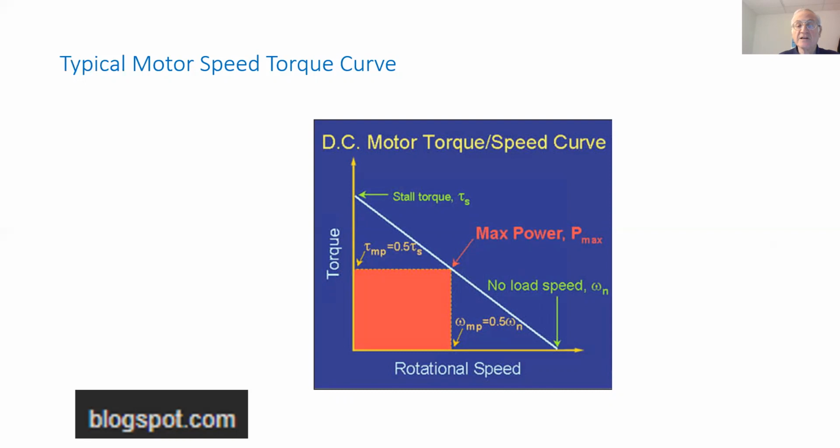And then as speed is increasing, there's more back EMF voltage, which counteracts the applied voltage. And therefore, the current is being lowered through the coils, and the torque decreases. So there is an optimum over here, torque times speed, and that is the maximum power right here.